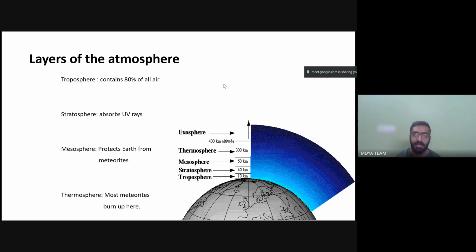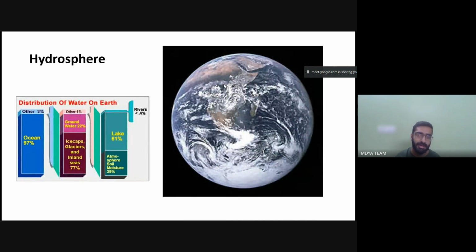Okay. Next, we go on to the hydrosphere. One student yesterday asked how the distribution of water happens on Earth, so I'll tell you. Suppose there is 100% of the water on the surface of the Earth. Out of that 100%, 97% is inside the ocean.